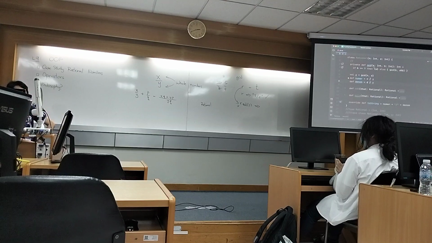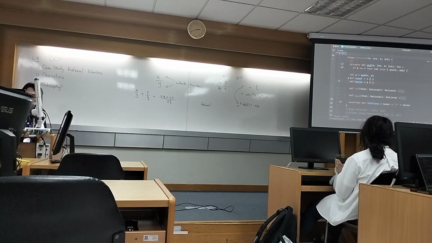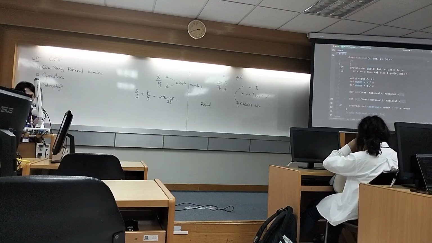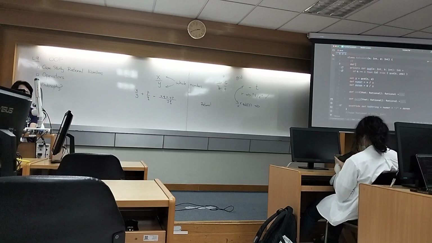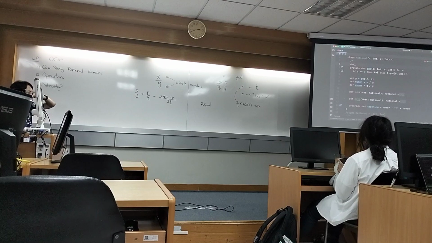I'm going to use this opportunity to showcase another feature, which is that you can have an alternative constructor. So this is an alternative constructor. You can define something here, but what should be the name of the constructor?